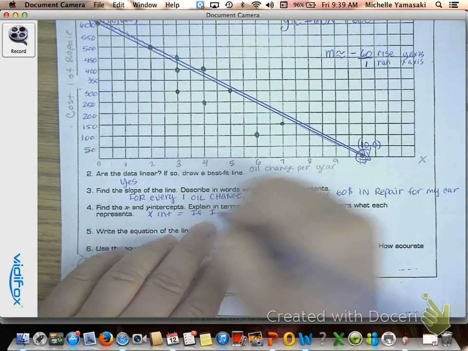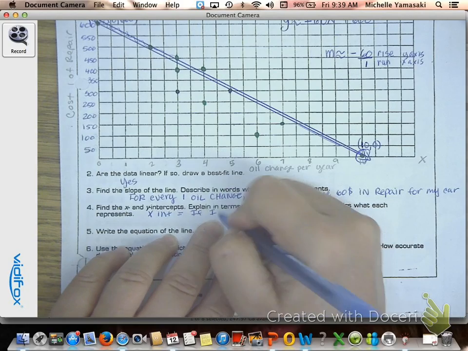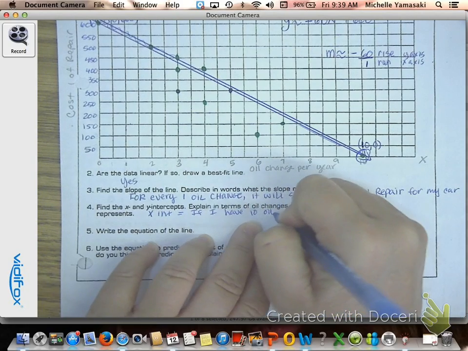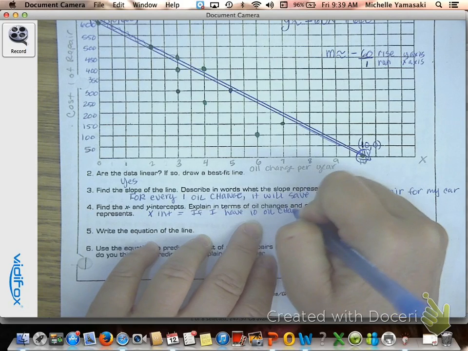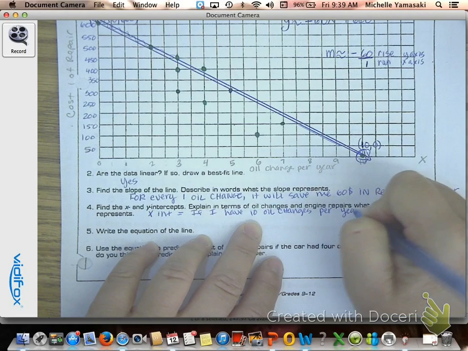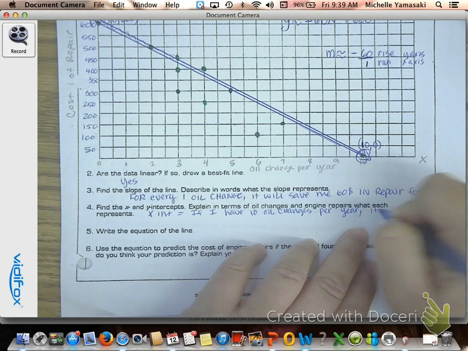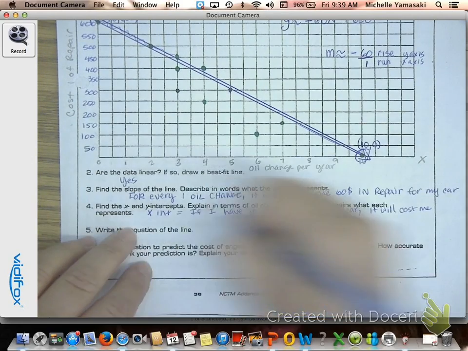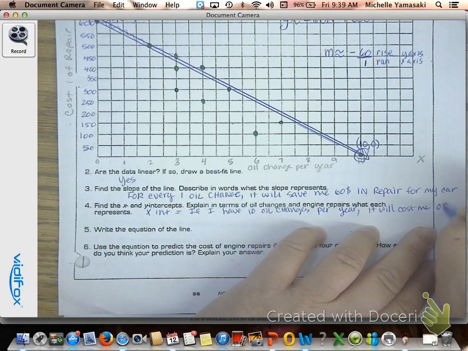Now, in words, you're writing: if I have 10 oil changes per year, it will cost me $0 in repairs.